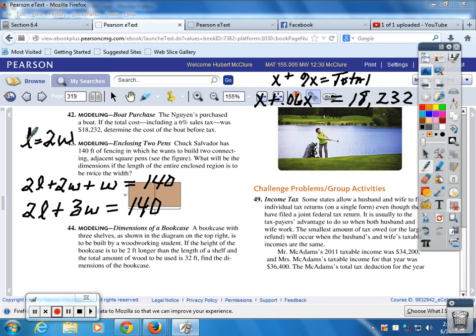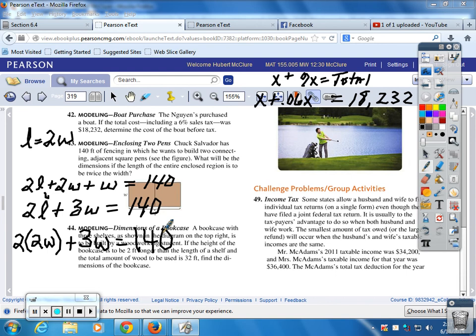Plug it in to the L right here, and that will be 2 times 2W plus 3W is equal to 140. What is L? 2W. So wherever there's an L, I'm going to plug it in. L is equal to 2W.